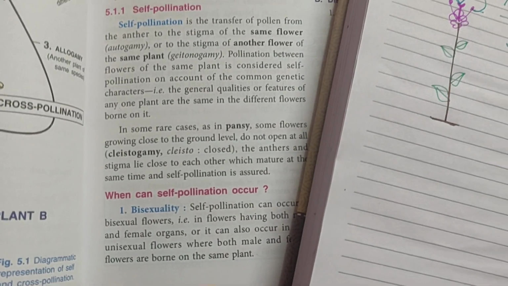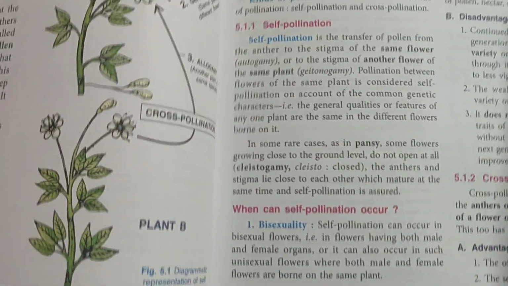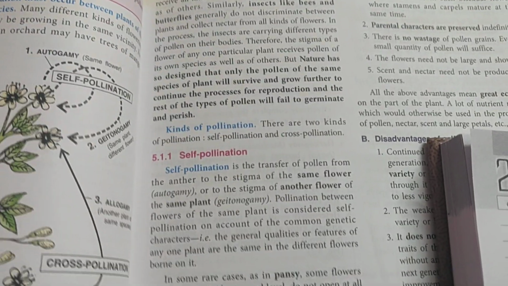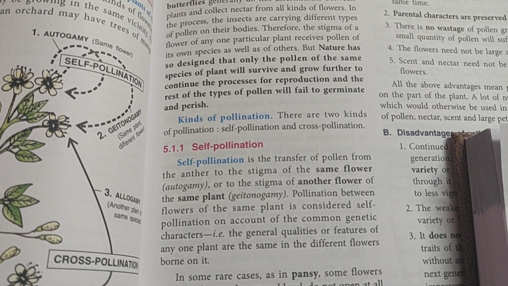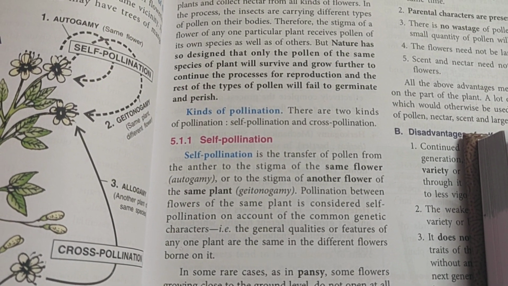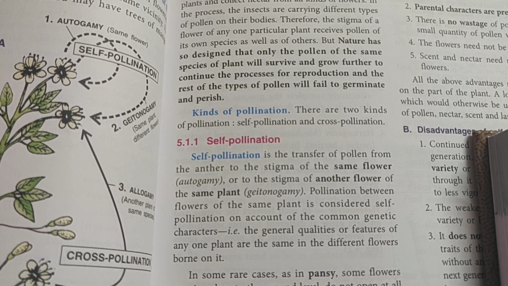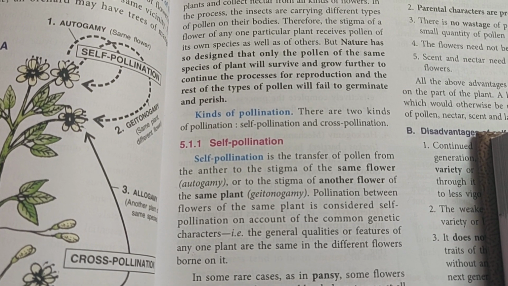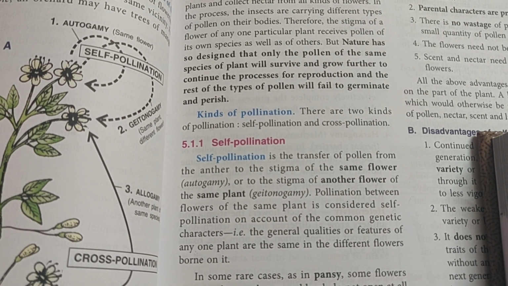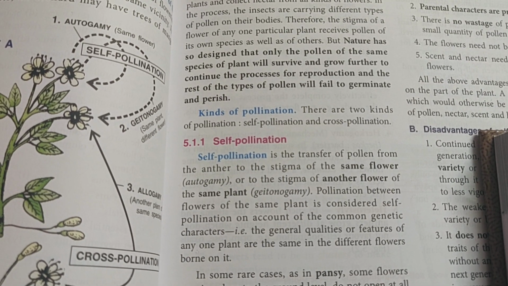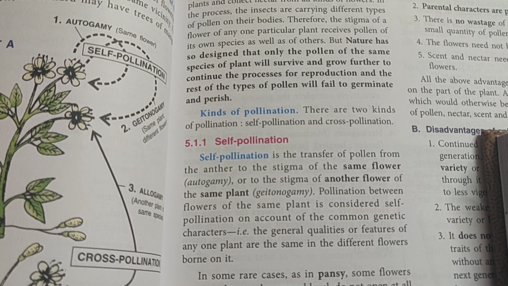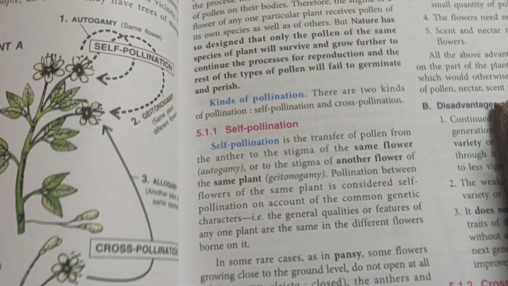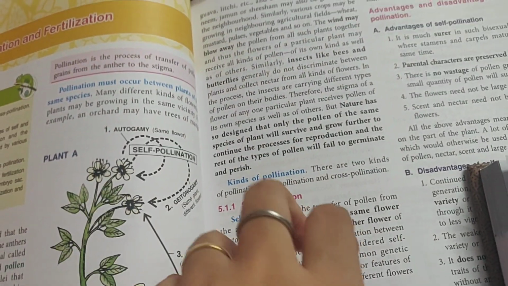It says that nature has so designed that only the pollen of the same species of plant will survive and grow further to continue the processes of reproduction, and the rest of the types of pollen will fail to germinate and perish. Why is this needed in the text?